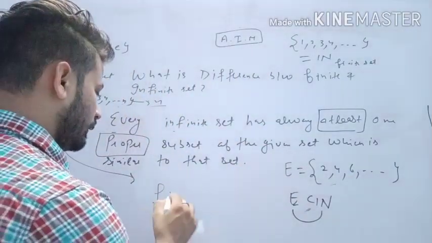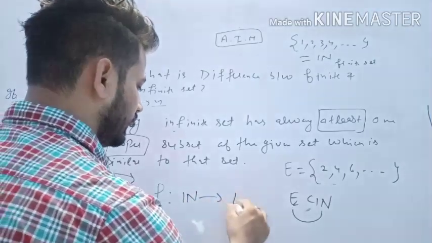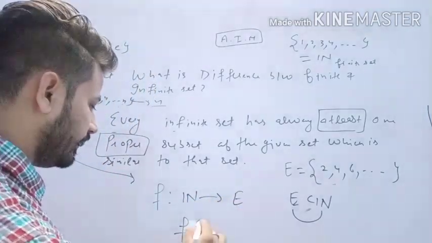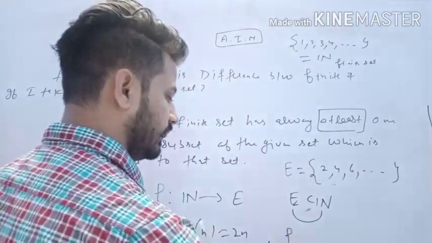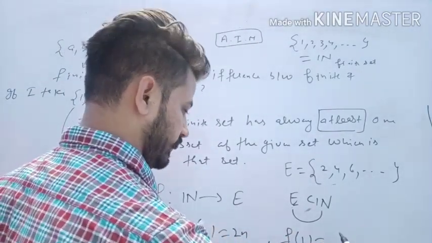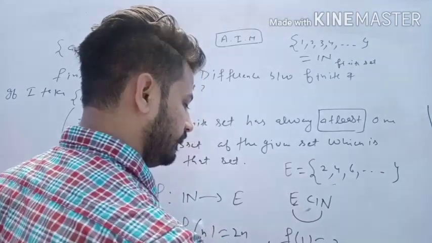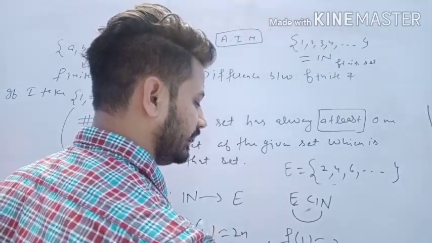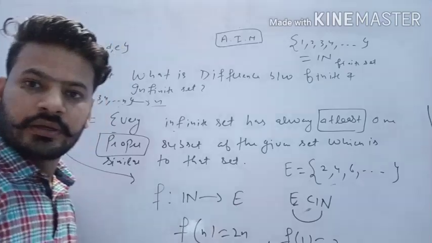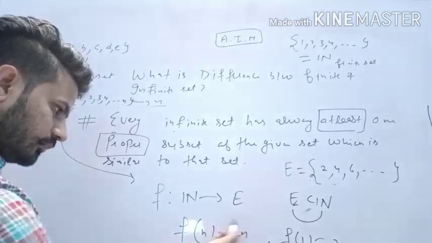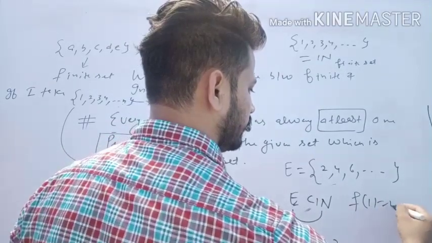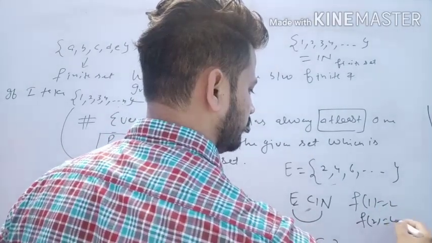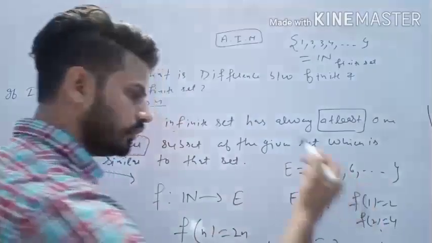Natural numbers to E, we can define f(n) equal to 2n. If I take n equal to 1, we get 2. If I take 2, then I get 4. So f(1) is equal to 2, f(2) is equal to 4, and so on.